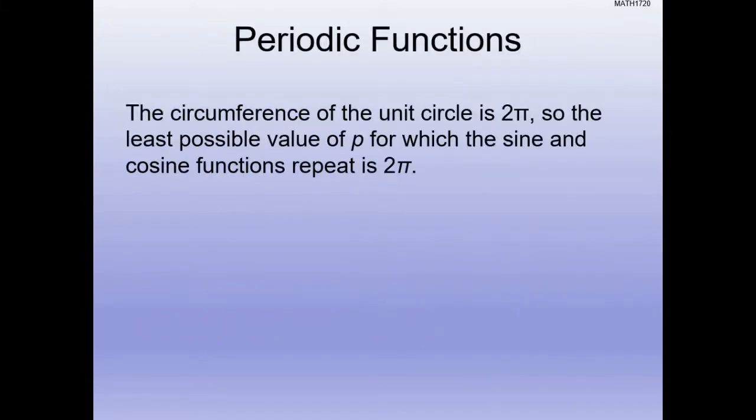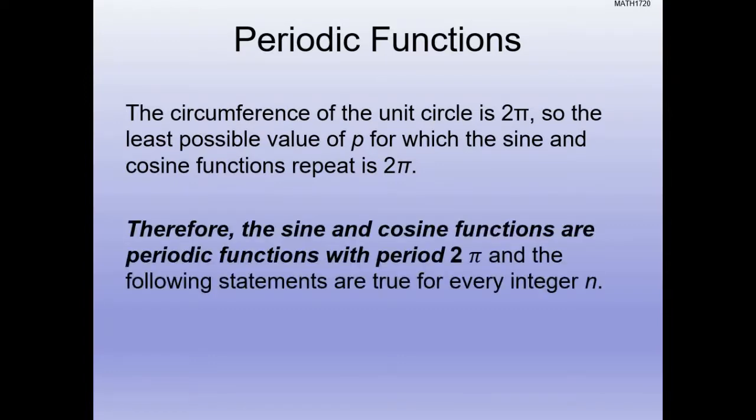Remember, periodic functions are repetitive every 2 pi for what we're going to be doing. That's the parent function for sine and cosine. That's the circumference of the circle, which is 2 pi. So one complete revolution around the circle is 1 period for us.